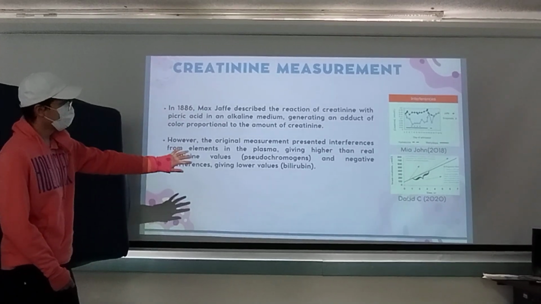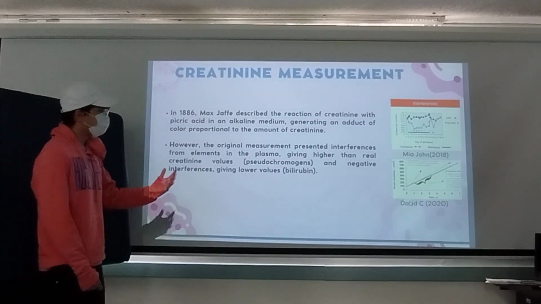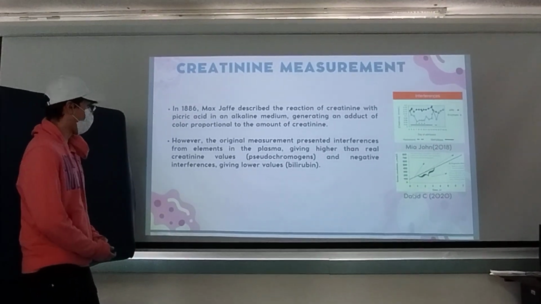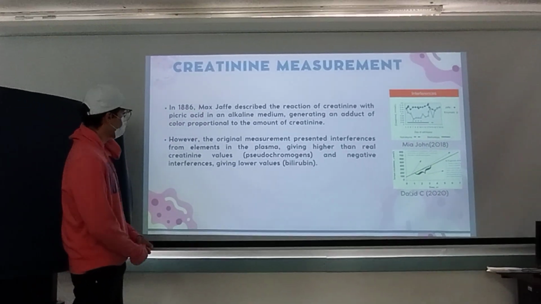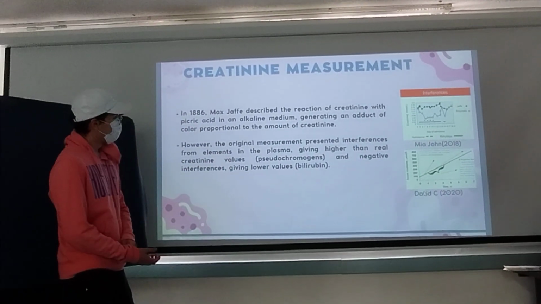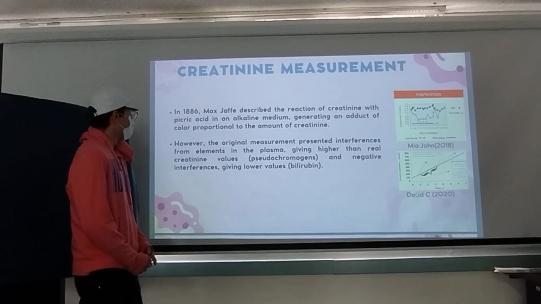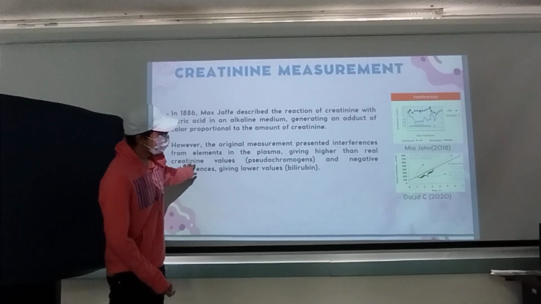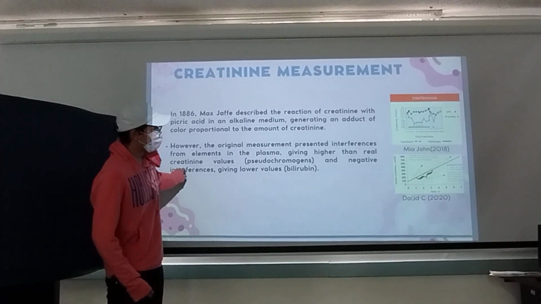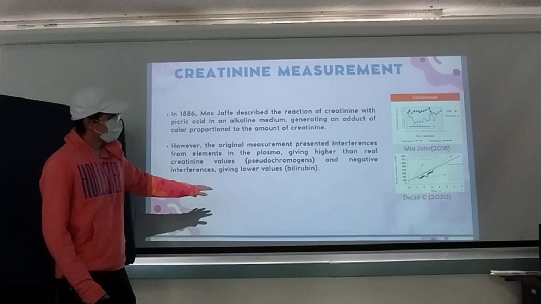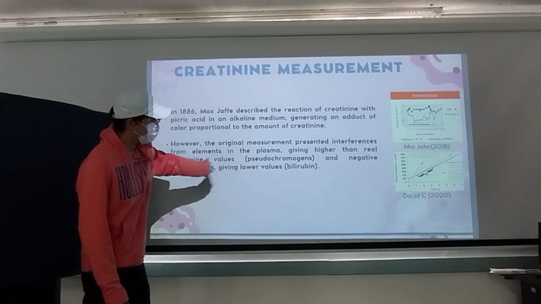Those interferences fake a normal value. That's because of the pseudo chromogens and the negative interference, giving us low interference by bilirubins.